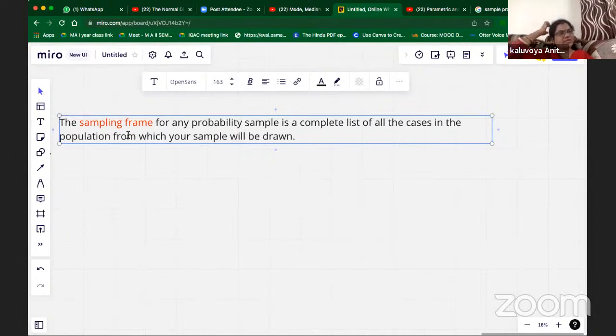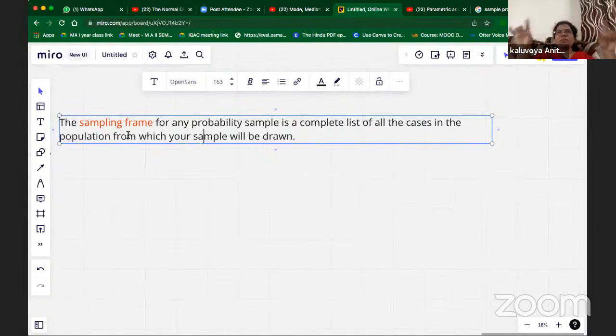Take the example told by one of the students: rural population and educational facilities. In the rural population, not everybody falls into the category of education, right? So the set of people who are supposed to get education becomes the frame.